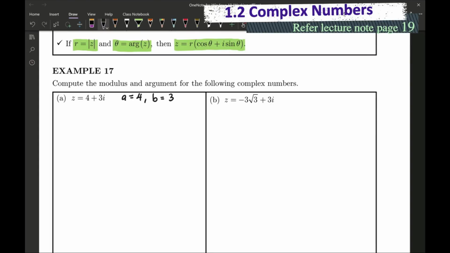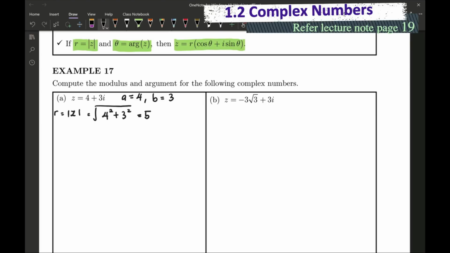If we have a and b, we can directly find our modulus of z, which is equal to r as well. So our modulus of z, equal to r, equals the square root of 4 squared plus 3 squared. So the answer is equal to 5.